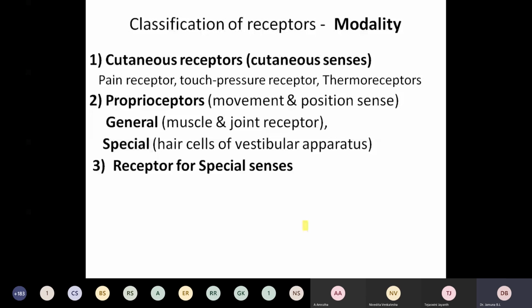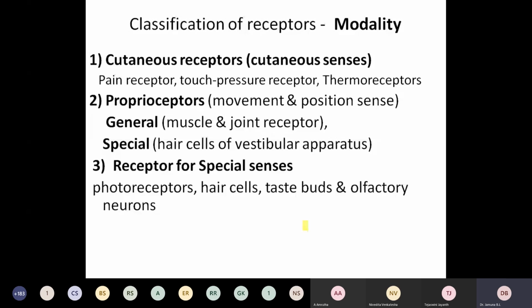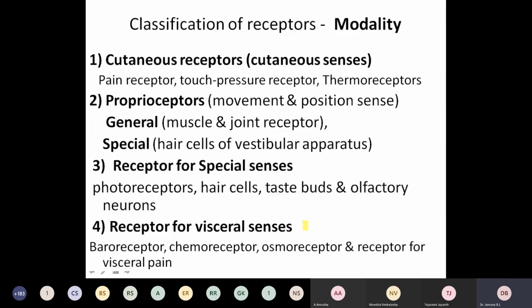Then the receptors for special senses will be discussed in detail with the special senses. And then the receptors for visceral senses: the visceral organs in our body have receptors like baroreceptors, chemoreceptors, osmoreceptors, and stretch receptors present in particular parts of the GIT. All these carry visceral sensations.